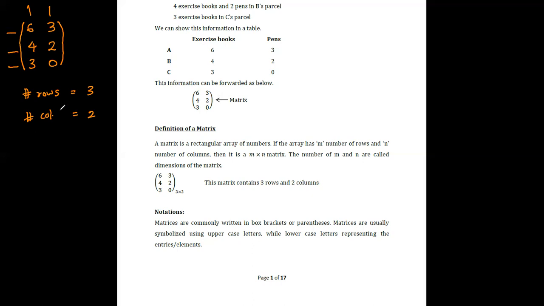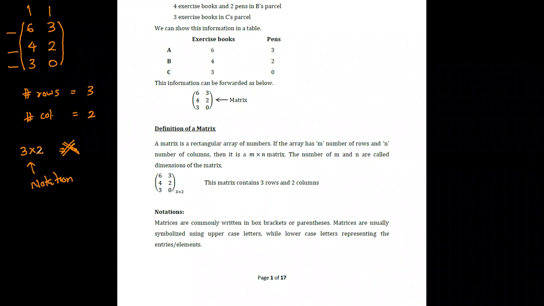Since there are 3 rows and 2 columns, we can say that this matrix is a 3 by 2 matrix. We are not going to solve this and say it is equal to 6. We are not performing any mathematical calculation by multiplying 3 into 2. We are just using this as a notation only.